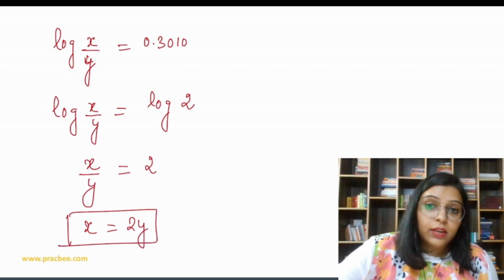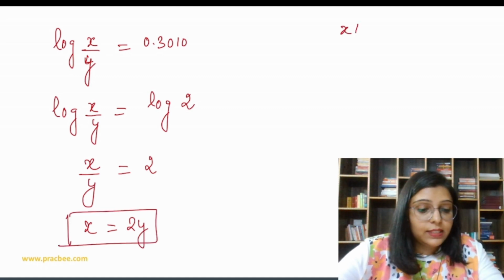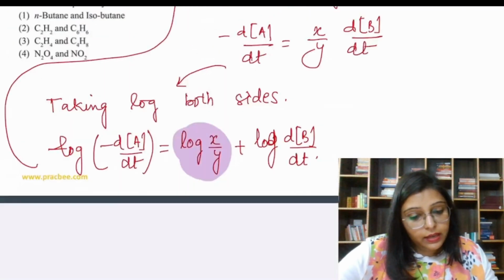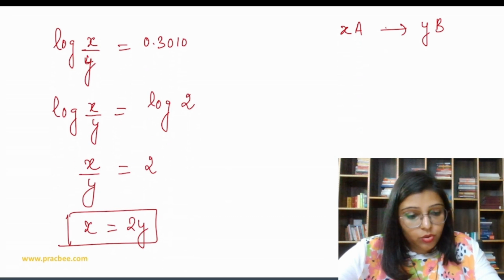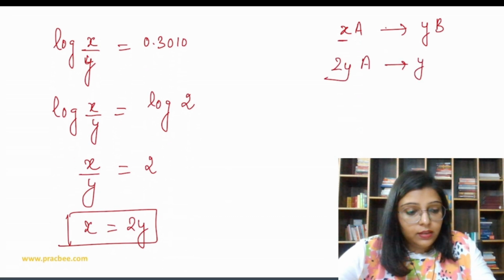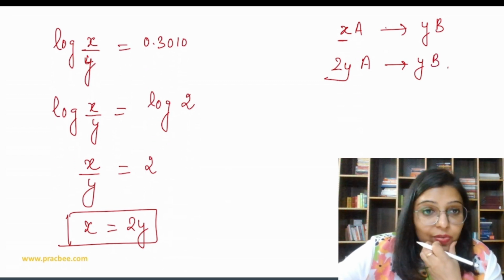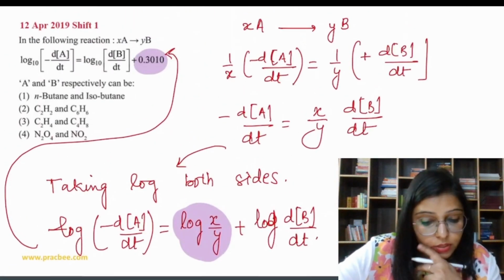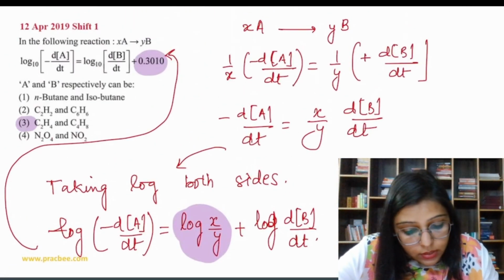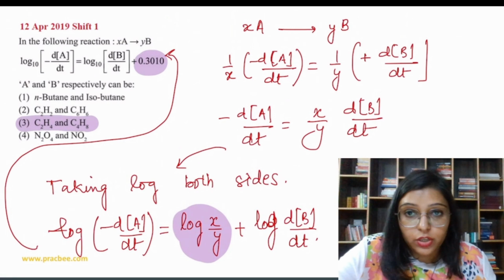So we have xA gives yB. It means the coefficient x is 2y. Now we have to check this from the options. If you see option number three, C2H4 and C4H8.